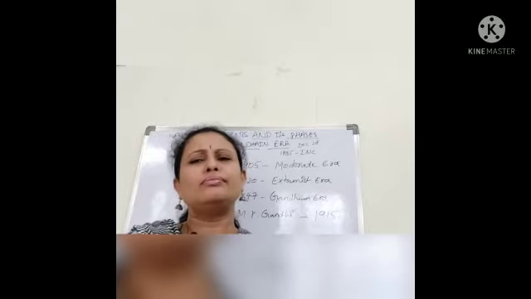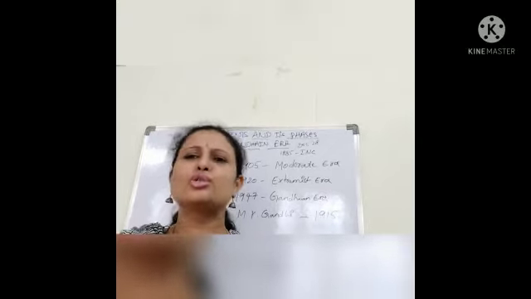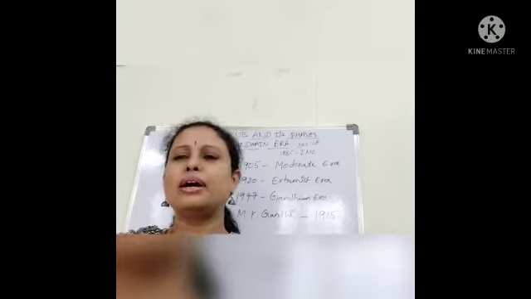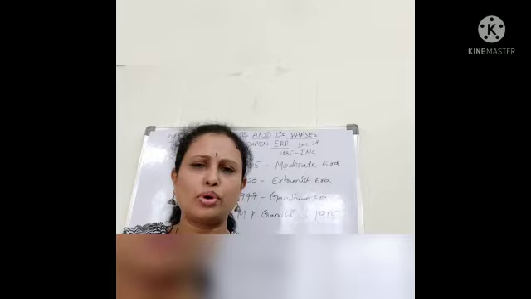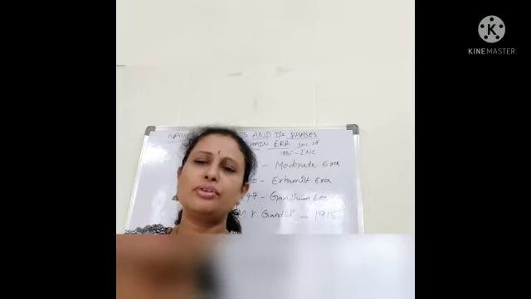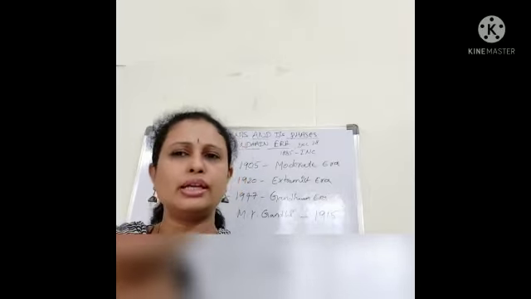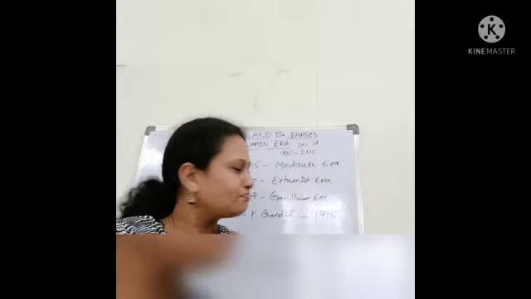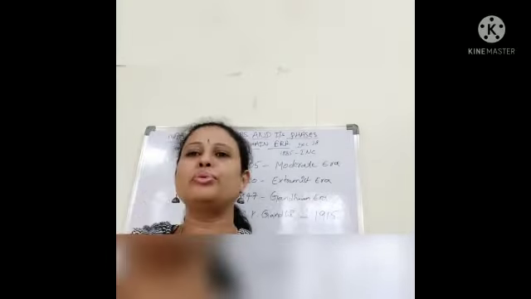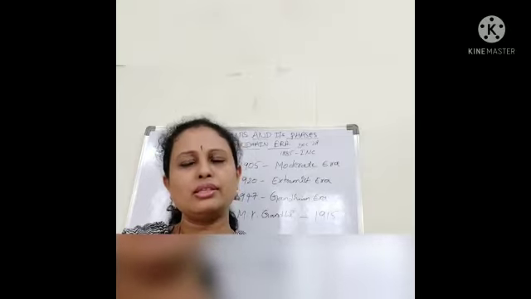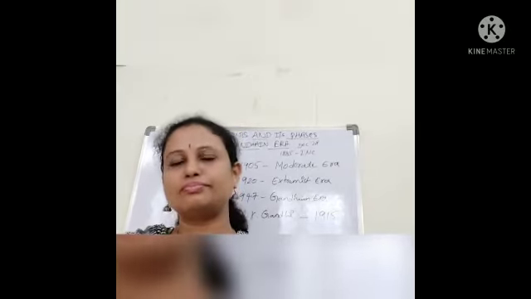There are so many agitations and movements which were taken up by Gandhiji. Gandhiji was a person who strictly believed in the policy of non-violence. He never encouraged violence in his movements. There are a few movements that we would like to discuss in this session.